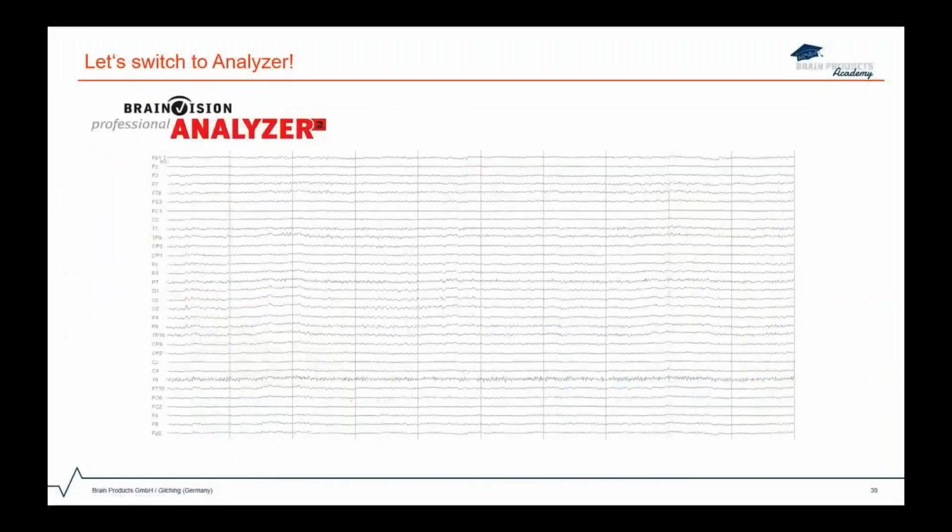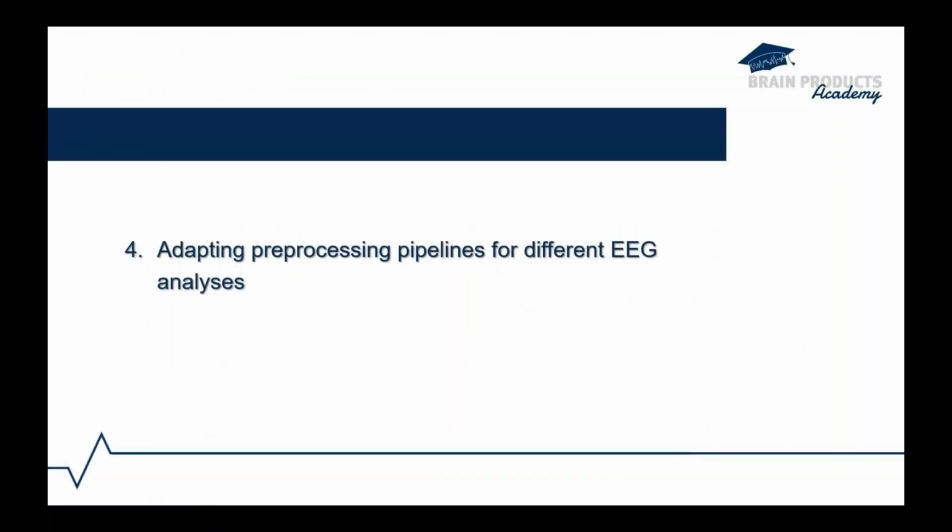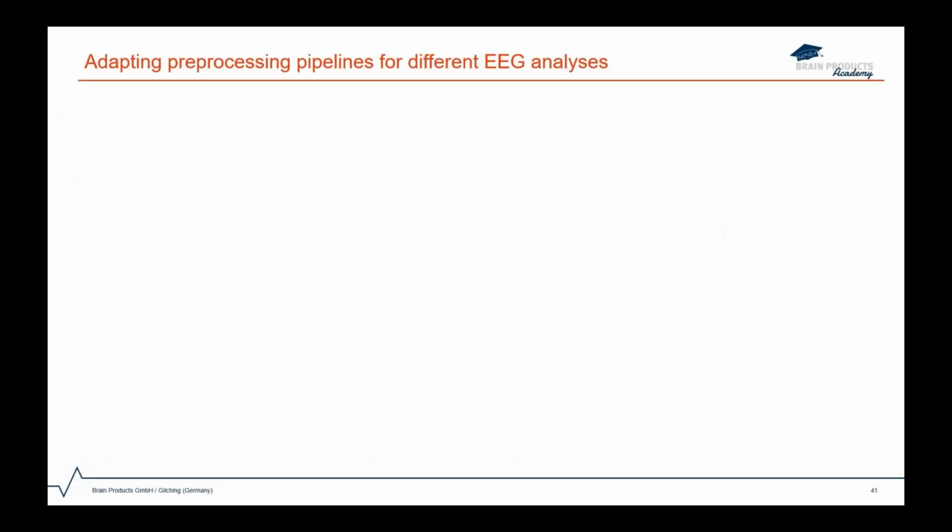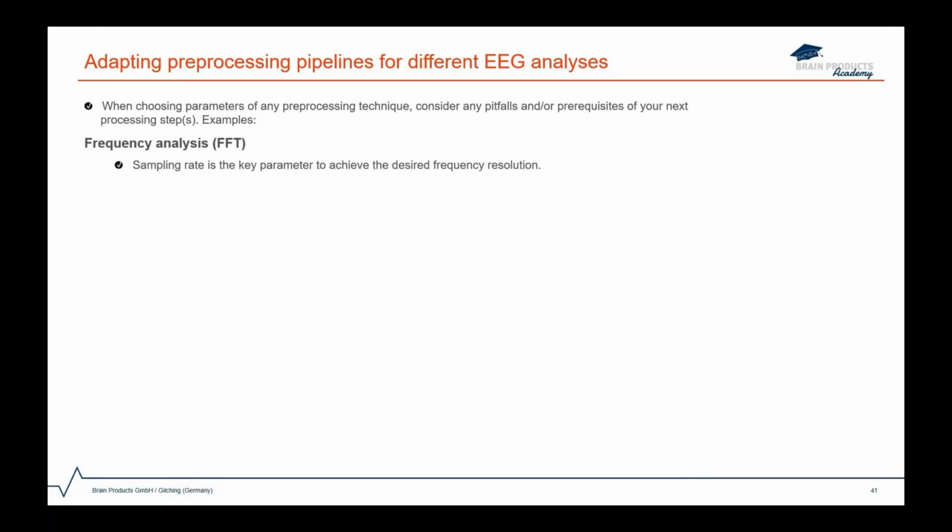So now that we have completed our ERPs, I would finally just like to highlight some of the adaptations that can be done for other kinds of analysis. We checked our overall EEG preprocessing and then ERPs, and now some adjustments for others, which are some pitfalls that we need to consider.